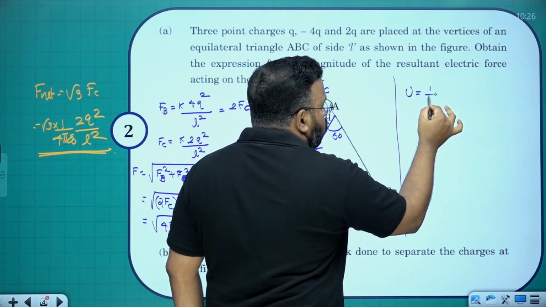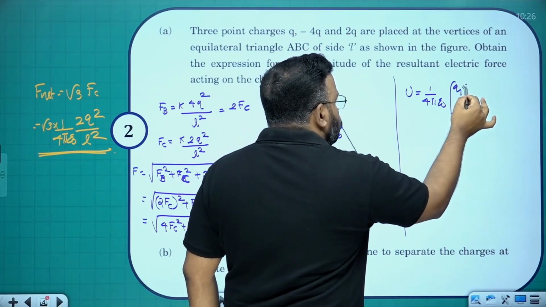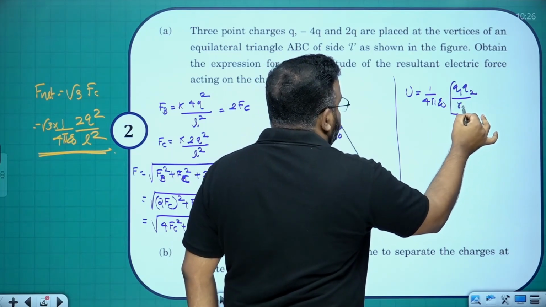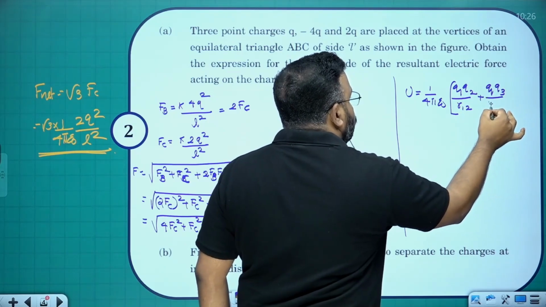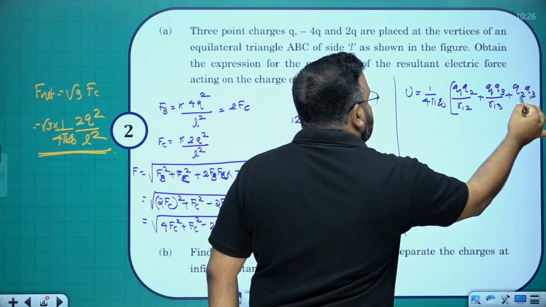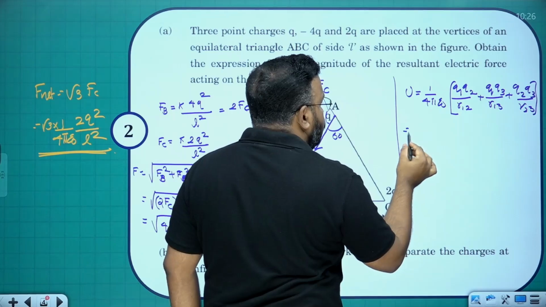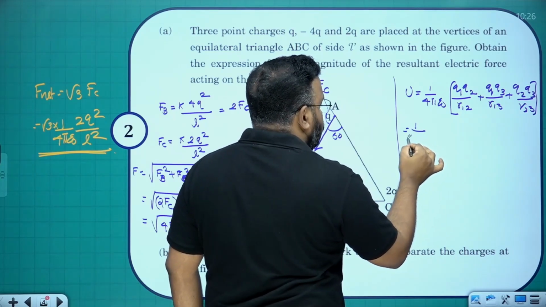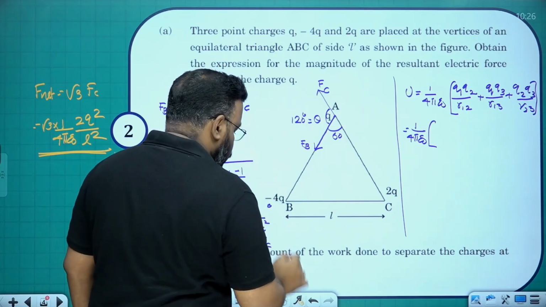What is it? 1 by 4 pi epsilon naught into Q1 Q2 by R12 plus Q1 Q3 by R13 plus Q2 Q3 by R23. Substitute, we get 1 by 4 pi epsilon naught into Q1 Q2. You can take this as Q1.